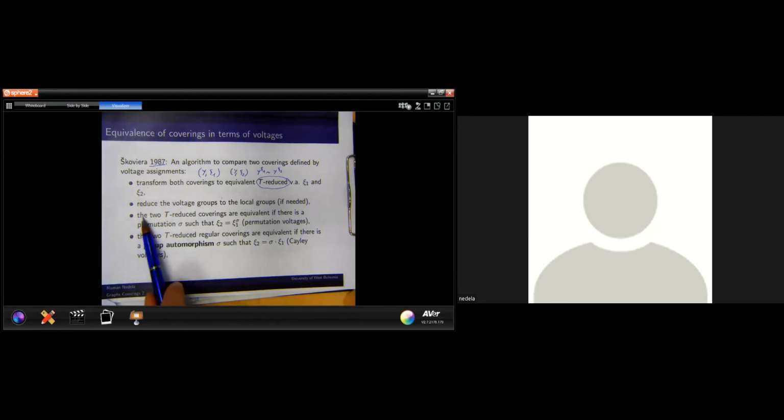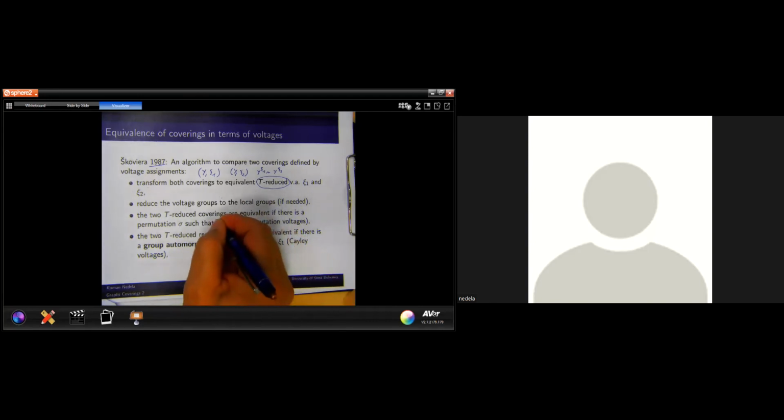And if it is permutation voltages, I'm looking for a permutation sigma such that C2, here I understand this as a vector, right? Where it is enough to look at the voltages on the cotree darts.